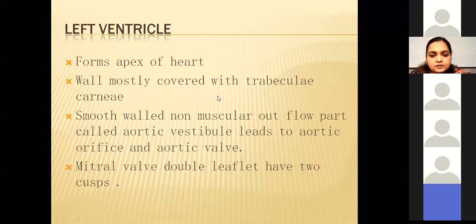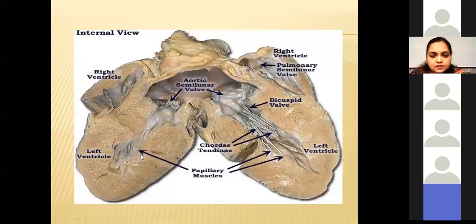These papillary muscles are three in number on the right side, and they arise from the ventricular wall. This is a well-defined slide showing the chordae tendineae, how they are attached and adherent to the papillary muscles, and they help to form the valves of the heart.